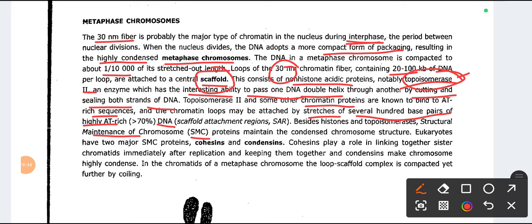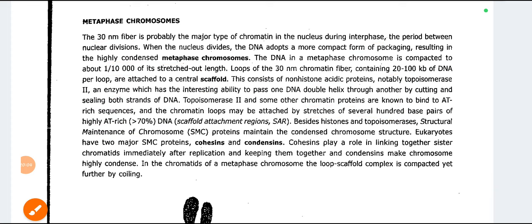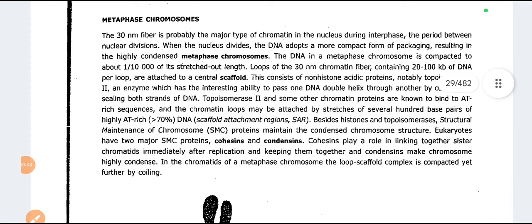Some other chromatin proteins bind to AT rich sequences, so that several loops are attached to AT rich regions, resulting in more condensation, and then there are proteins for the maintenance of condensed chromosomes.